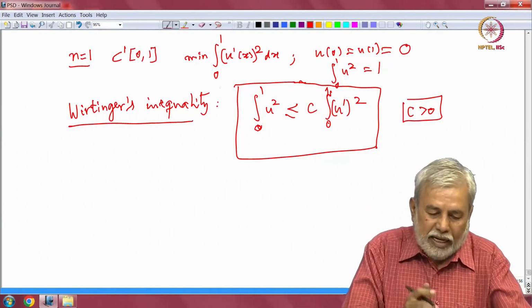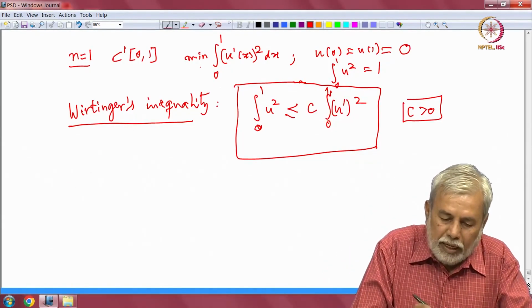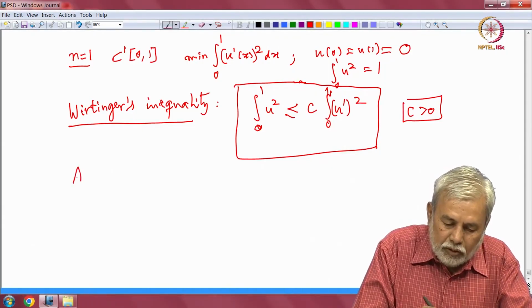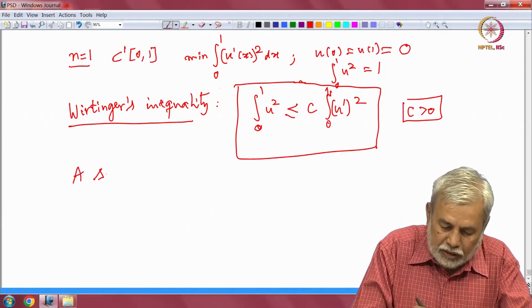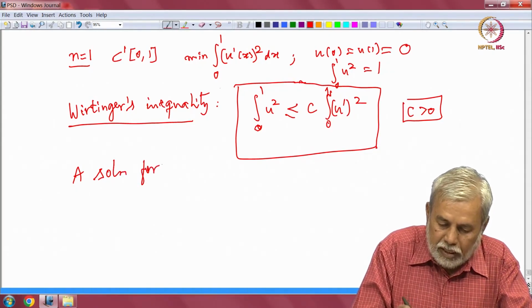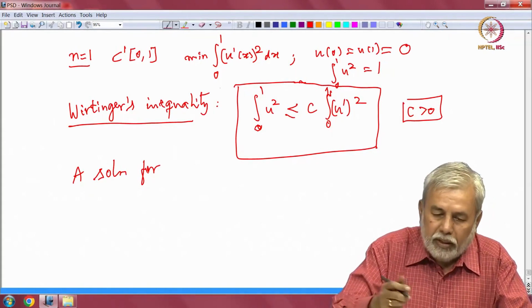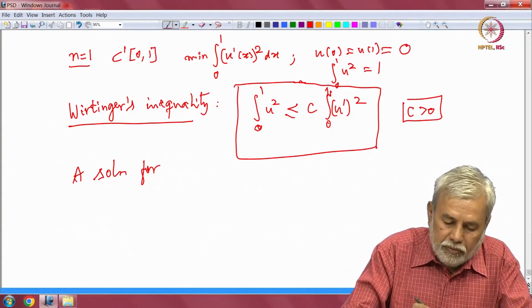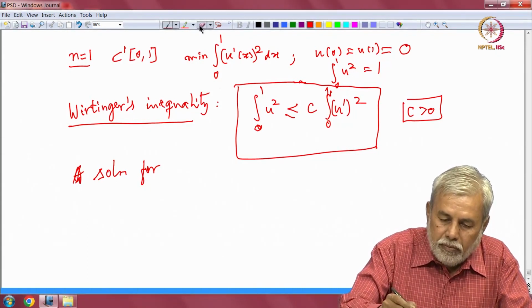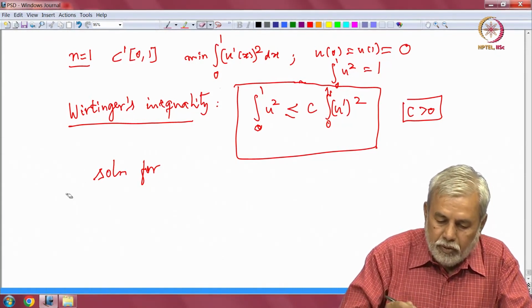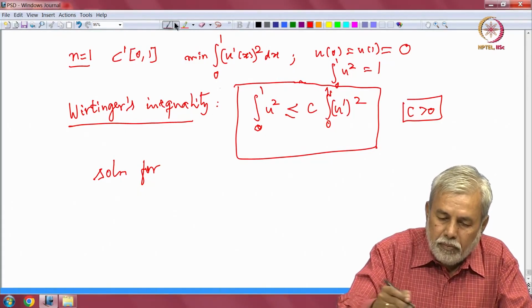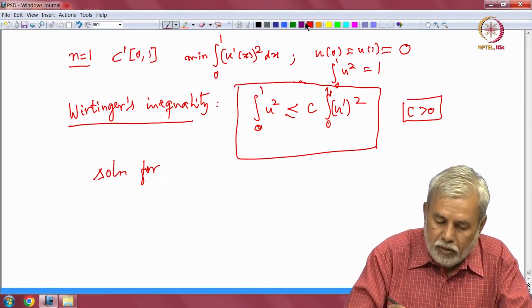Okay. And in this case, there is a solution to the minimization problem.